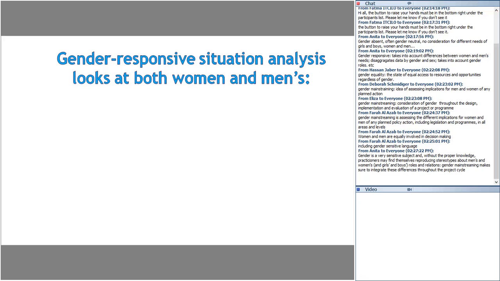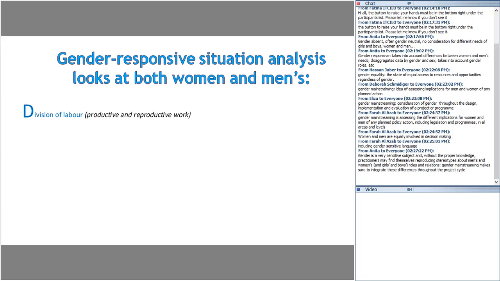And what I've prepared for you in the notes section of the PowerPoint is based on our International Training Center interns course on how to make sure situation analysis looks at both women and men's concerns. So I'm going to take you through the 4 steps, and then I'm going to give you an easy little trick that I use to remember how to do this. And it's a great way to remember how to do situation analysis.